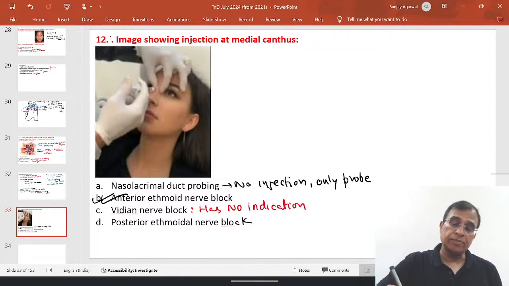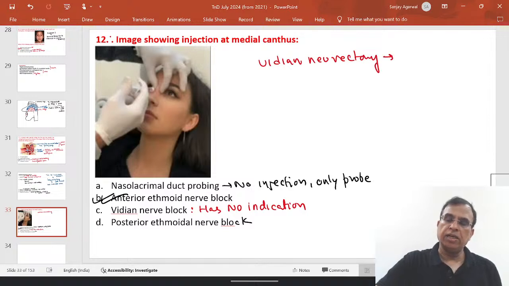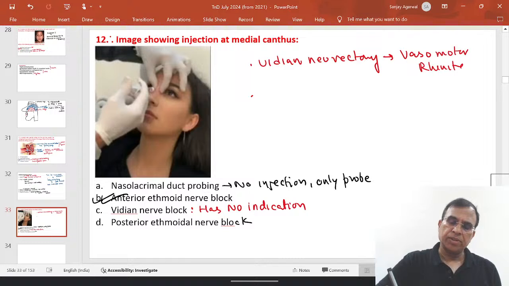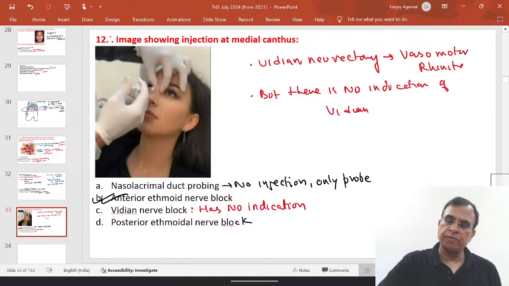Median neurectomy is done in vasomotor rhinitis, but there is no indication of median nerve block.